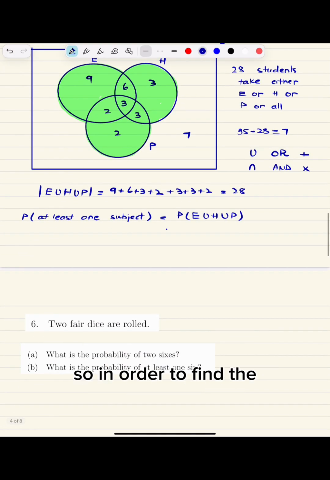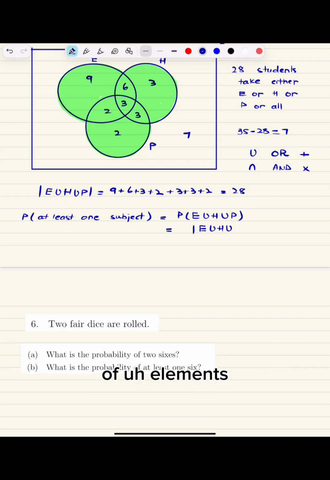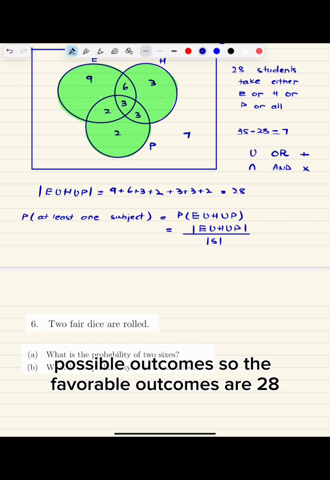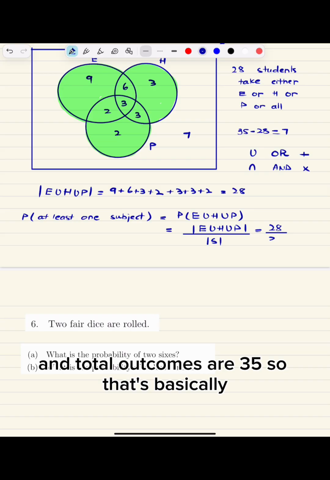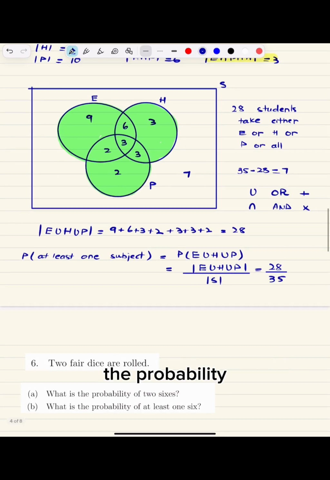In order to find the probability, we need the number of elements in the favorable set and the total number of possible outcomes. So the favorable outcomes are 28 and total outcomes are 35. So that's the probability.